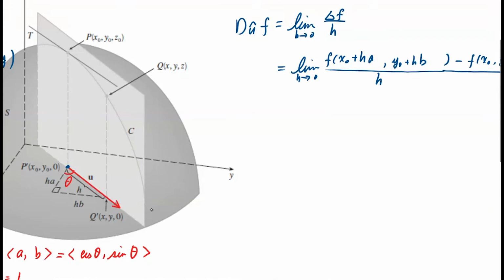Would that be x naught plus ah, and then y naught plus bh? Using h instead of t as a parameter, does that create the equation of the line here? Remember, x is equal to this and y is equal to that.